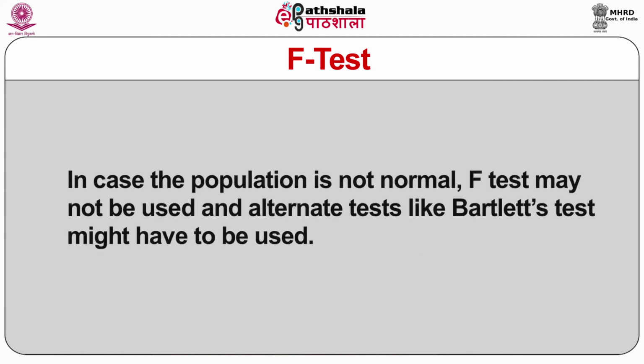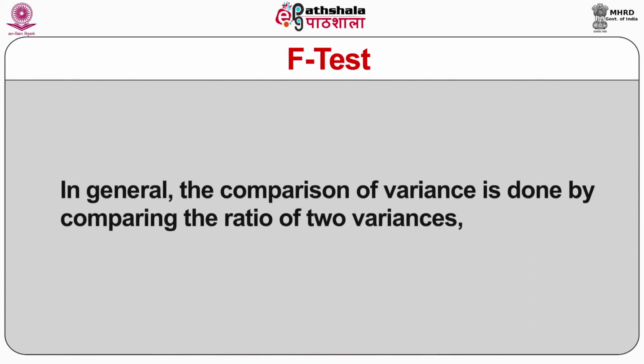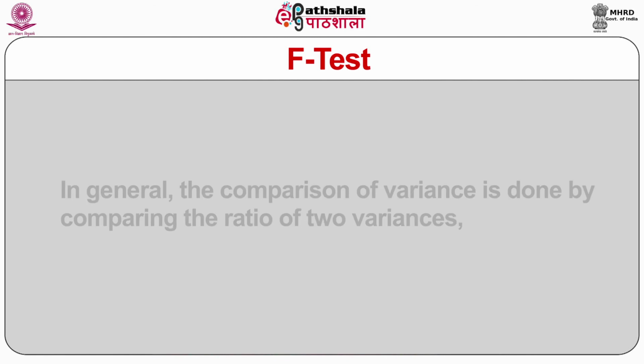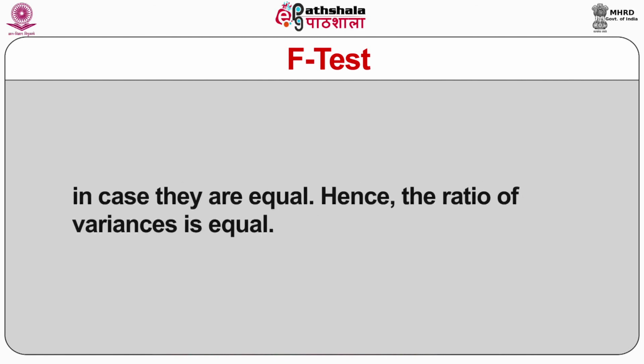In case the population is not normal, F-test may not be used and alternate tests like Bartlett's test might have to be used. In general, the comparison of variance is done by comparing the ratio of two variances. In case they are equal, hence, the ratio of variance is equal.